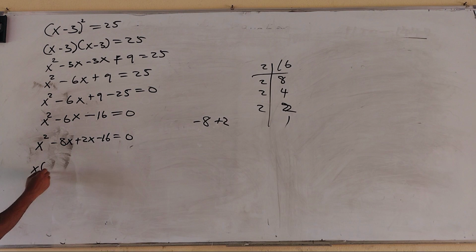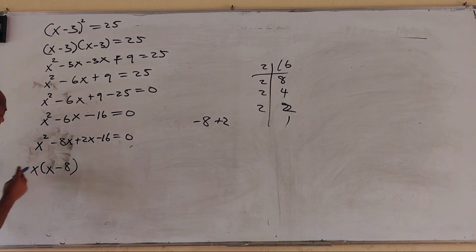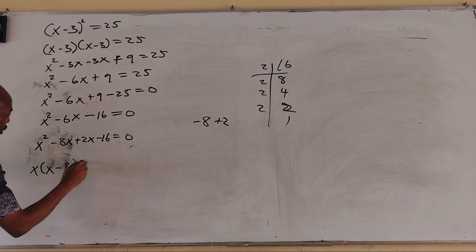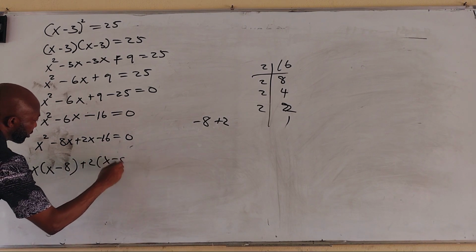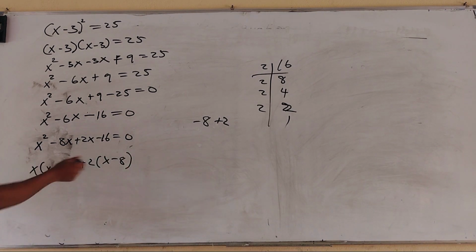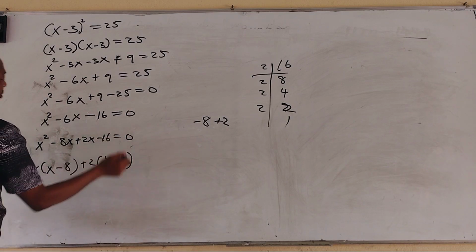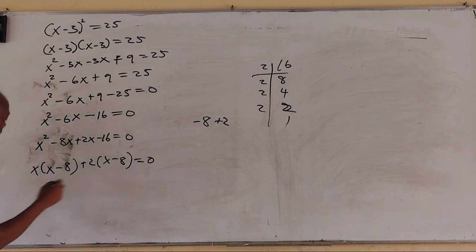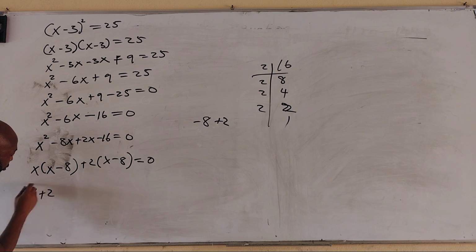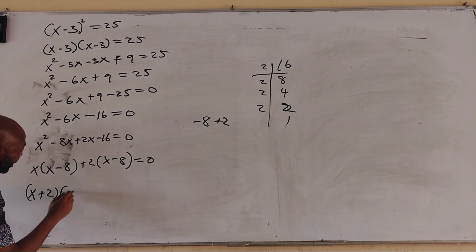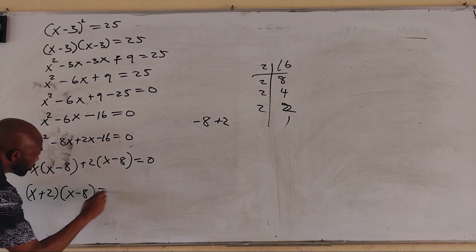So I have my x, open bracket x minus 8 will give me this, plus 2x minus 8 gives me this, equals to 0. So x plus 2 and x minus 8 equals to 0.